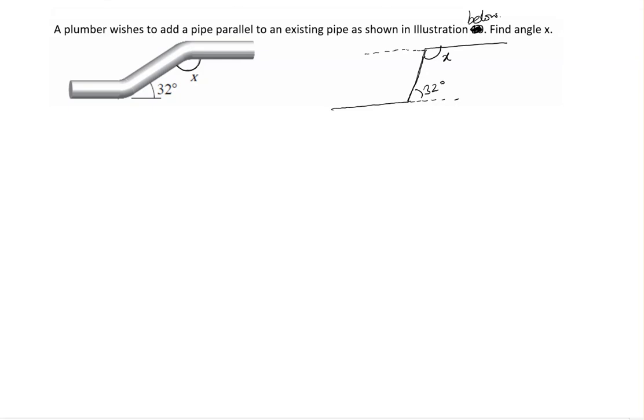So let's call this angle A. And our goal is to find angle X. I want you to take a moment and think about the relationship between angle A and X. We can clearly think that the sum of angle A and X would be 180 degrees because they are angles on a straight line.